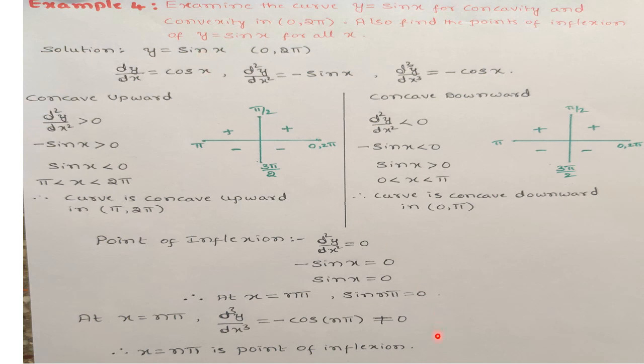Therefore, in brackets, write n pi comma 0 as the point of inflection for this curve.